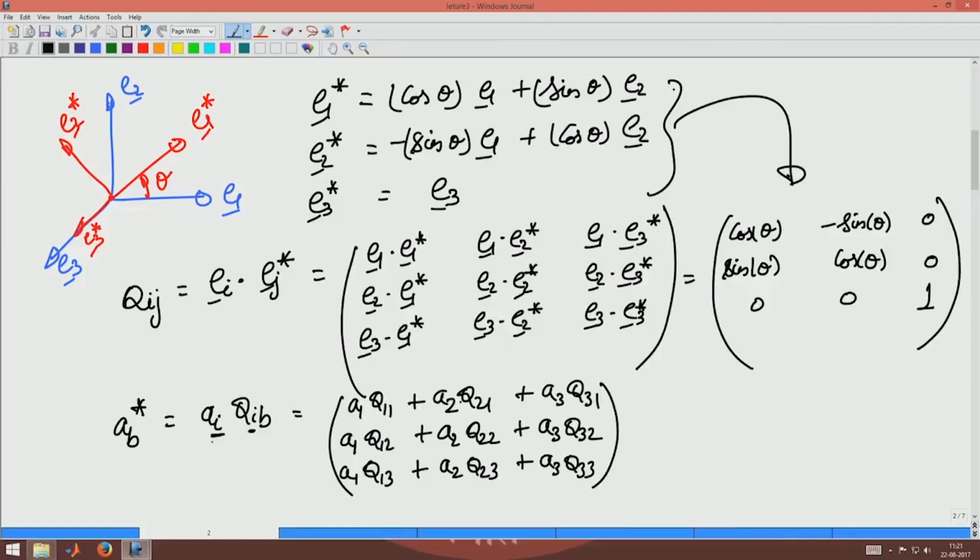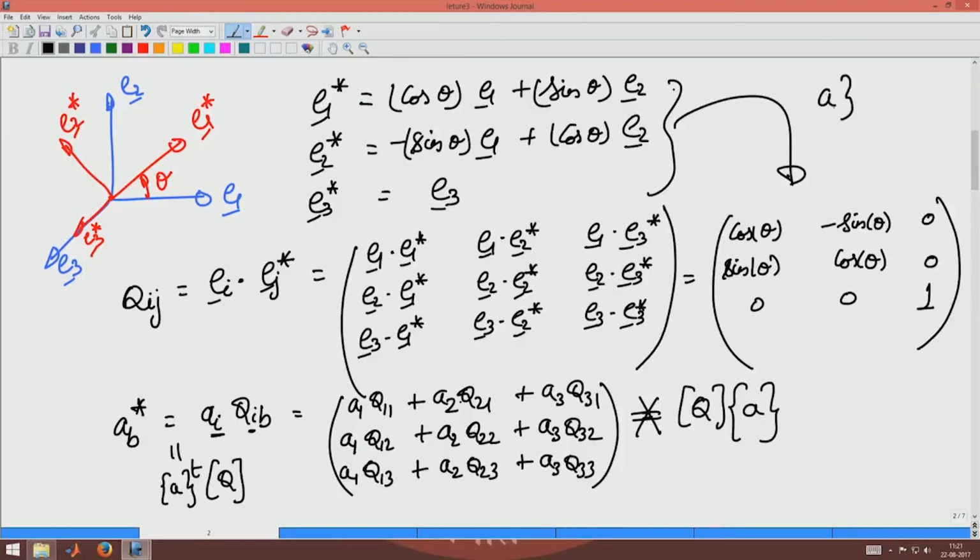Now, this is not equivalent to multiplying this matrix Q with this A. This is not equal to this, but this is equal to A transpose multiplied by Q. If I think of A vector as being A1, A2, A3, this is the operation that gives me this initial notation, but I want to write it like this.